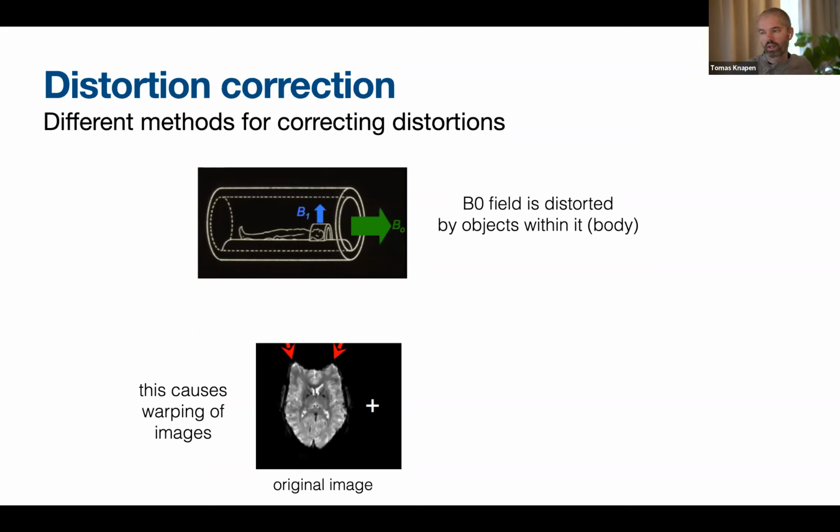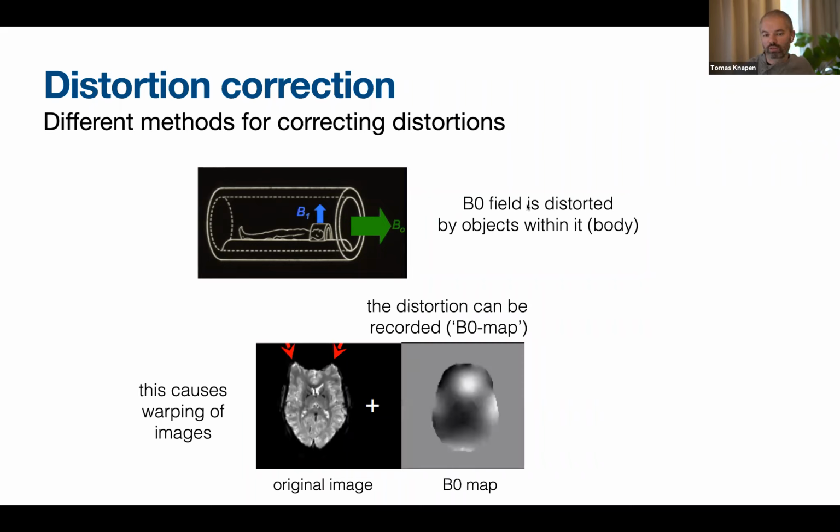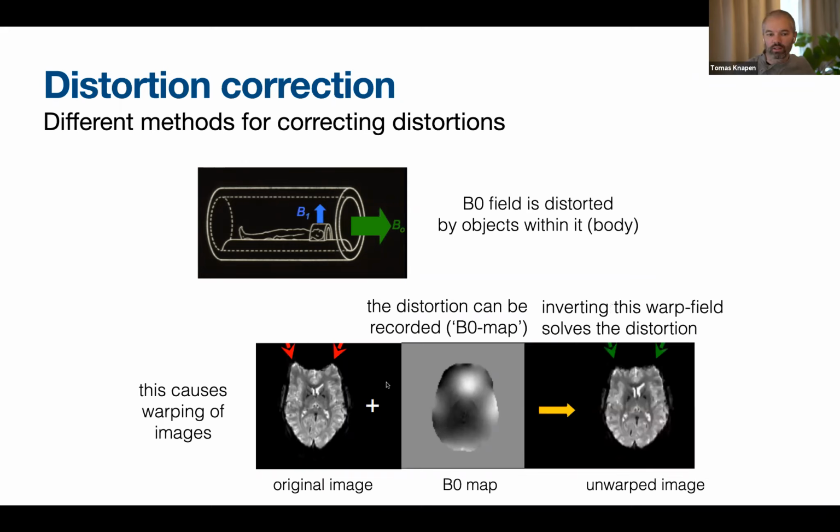What we end up doing is we want to know how this B0 field is distorted. So what we can do, for example, is record a B0 map, to map out the distortions in the magnetic field. It gives you something like this. It tells you where the B0 field is distorted. Then we can correct the original image for how it must be distorted, and get a corrected or unwarped image.